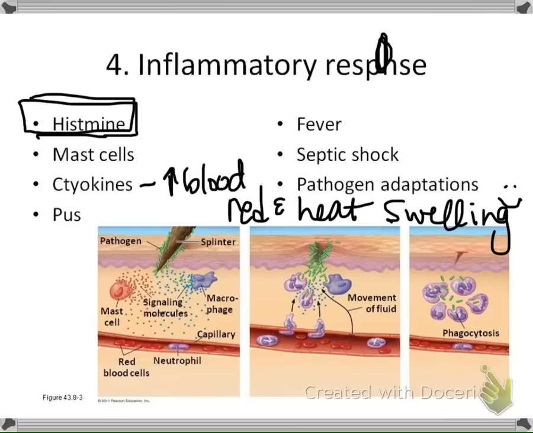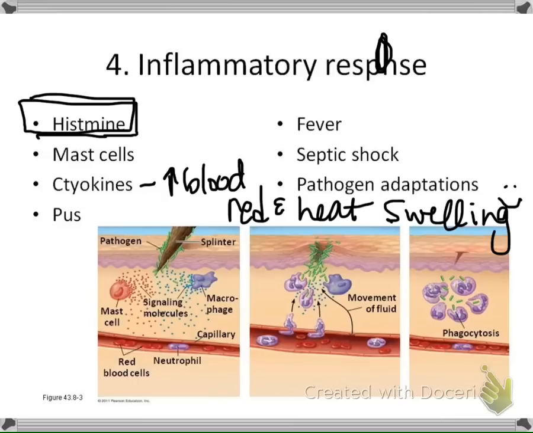If you have a systemic response to severe tissue damage or infection, you may have additional neutrophils from bone marrow, and you may even have the number of white blood cells increasing significantly within hours of the initial inflammation.